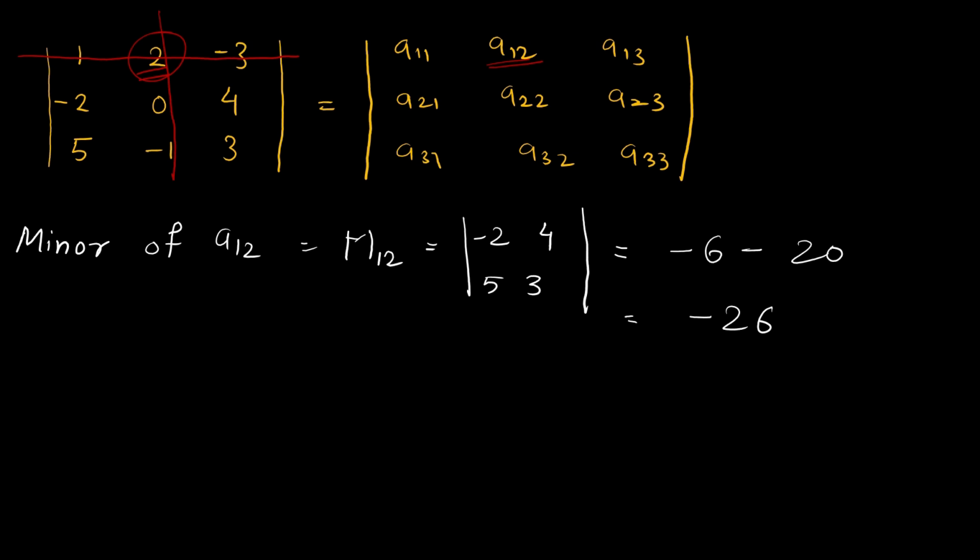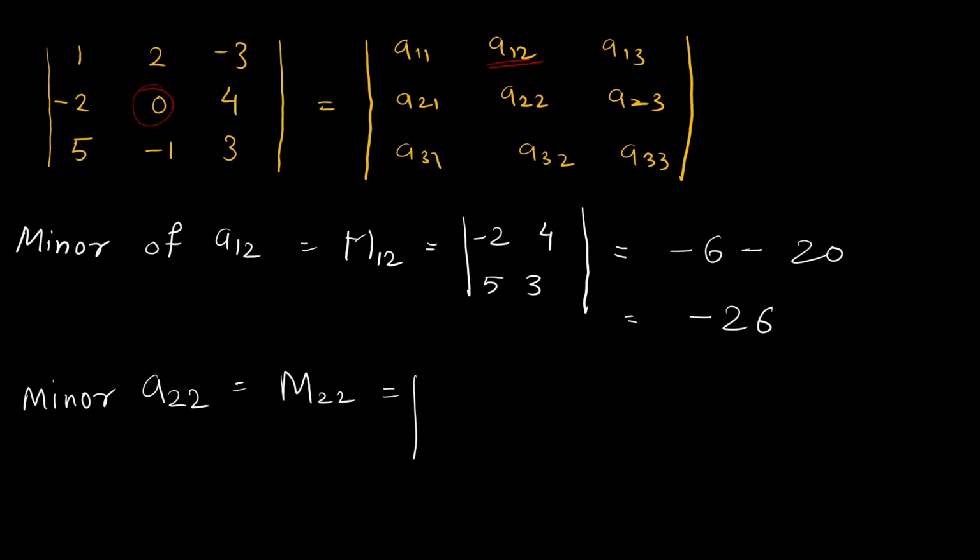Now, if I want to find the minor of A22, look at the element A22. Which one is A22 here? It is 0. So how will you write the determinant of M22?